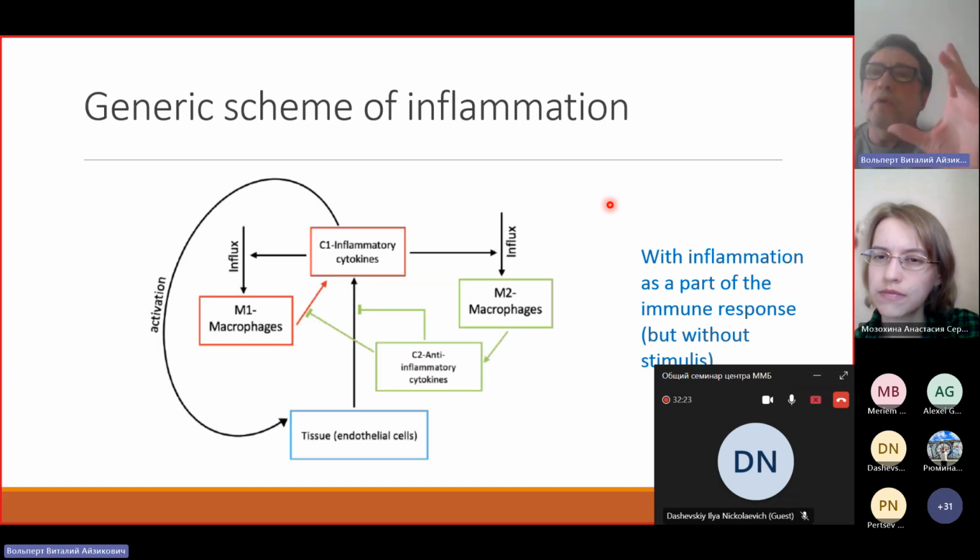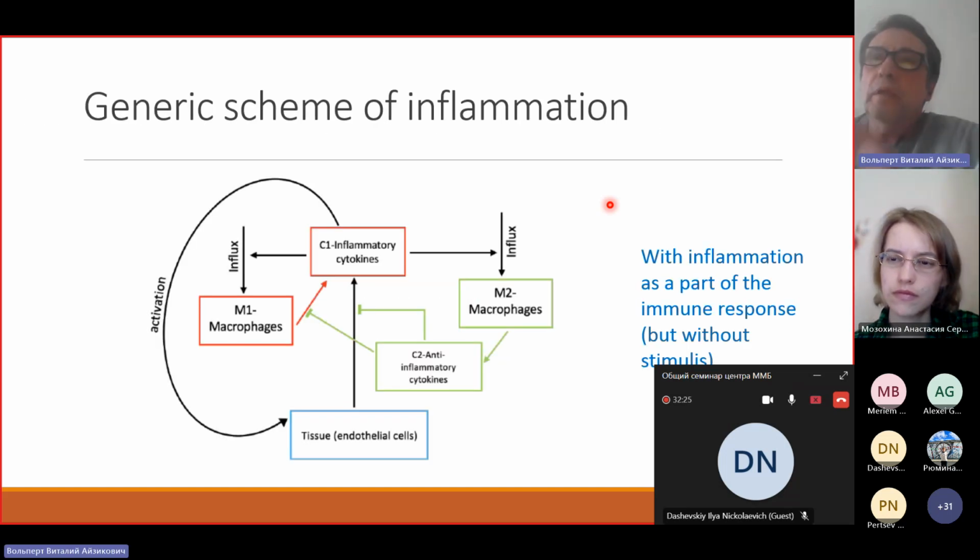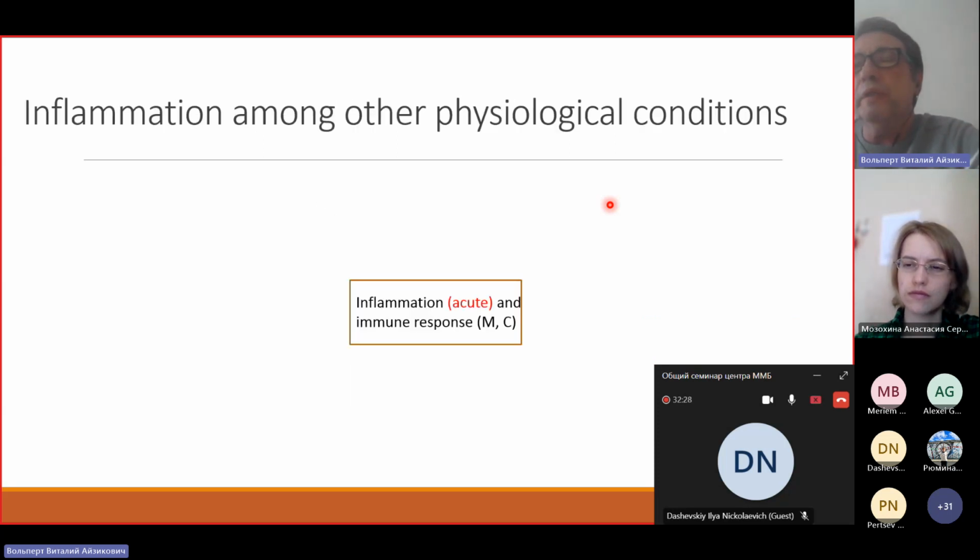Well, what I'm going to discuss now is exactly this inflammatory part, how it is related to other physiological conditions in our body.